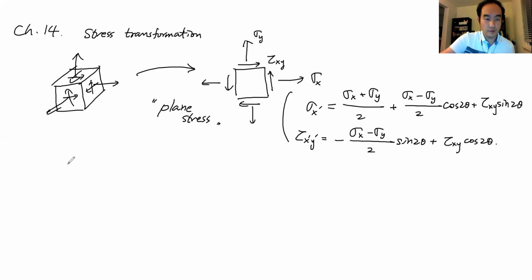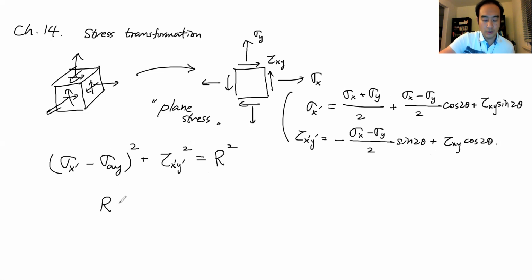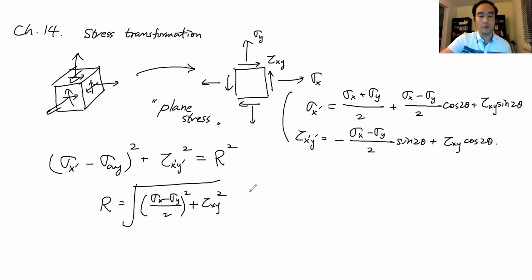So it looks something like this: sigma x prime minus sigma average, where sigma average, by the way, is sigma x plus sigma y divided by 2. This squared plus tau x prime y prime squared is equal to R squared, and that R is the square root of sigma x minus sigma y over 2 squared plus tau xy squared. So we finally get an equation in this form.